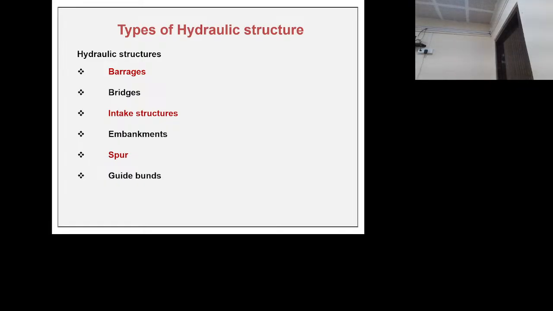Suppose this is a river, and we want to construct a bridge. These are the bridge piers. This is the plan I am showing here, and these are the approach banks on both sides. Only the waterway is given here for water flowing from upstream to downstream.